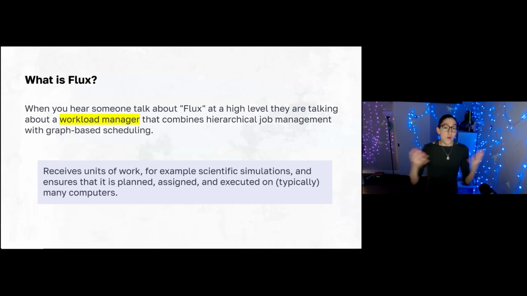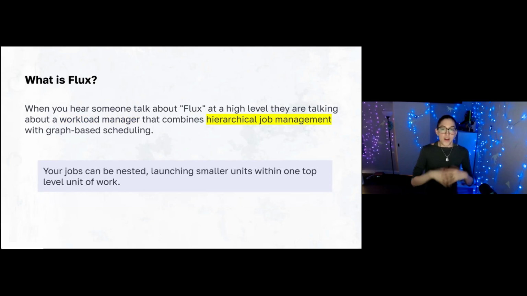So what is Flux? It is a workload manager. This means it's going to receive units of work, your scientific simulations, your jobs, your machine learning, and assure that it is planned, assigned, and executed on typically many computers. In HPC, we have these supercomputer things, and we talk about hierarchical job management because your jobs can be nested, basically launching smaller units of work within one top level of work.